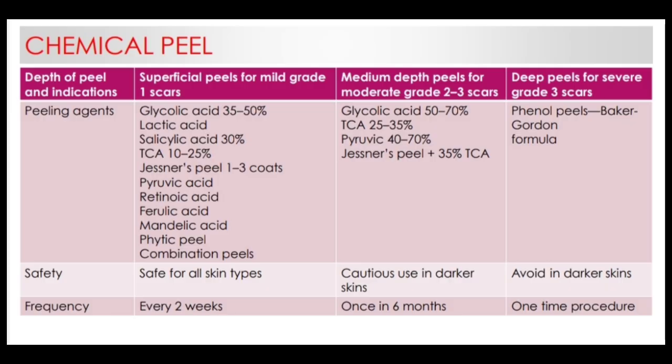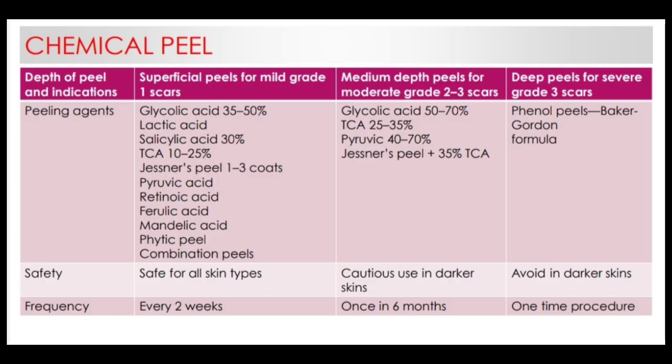Medium depth peels should be used cautiously in darker skin because of the risk of hyperpigmentation. It is usually done once in 6 months. These include glycolic acid 50 to 70%, trichloroacetic acid 25 to 35%, pyruvic acid 40 to 70%, Jessner peel along with 35% trichloroacetic acid.